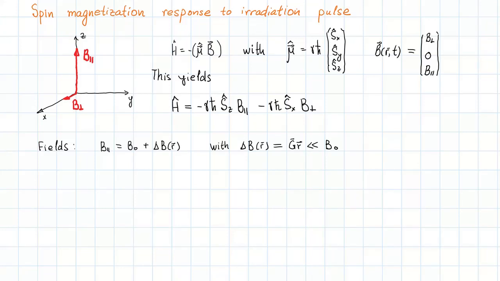The transversal field is assumed to be harmonically oscillating with the frequency omega and magnitude denoted by B1, which is much smaller than B0. Also we assume that B1 is switched on at time point 0, which is reflected by this relation. With this I obtain the following Hamiltonian.